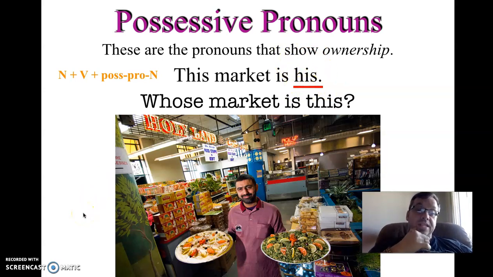We could also say this is his market. Now we're using a possessive adjective. If we said this is his market, because of the place before the noun, that would make it a possessive adjective. Notice that his is the same either way. Possessive pronoun his, possessive adjective his.